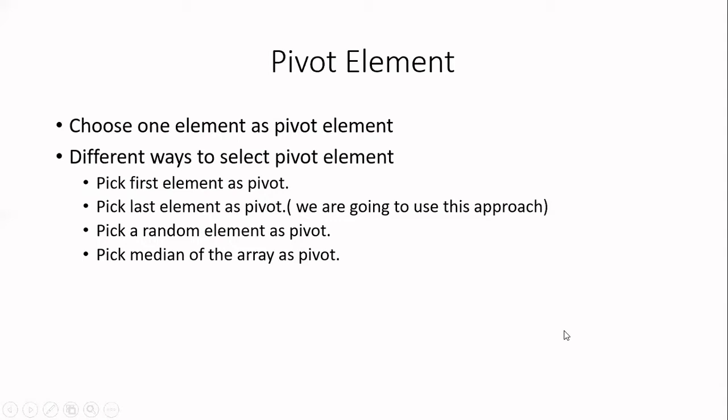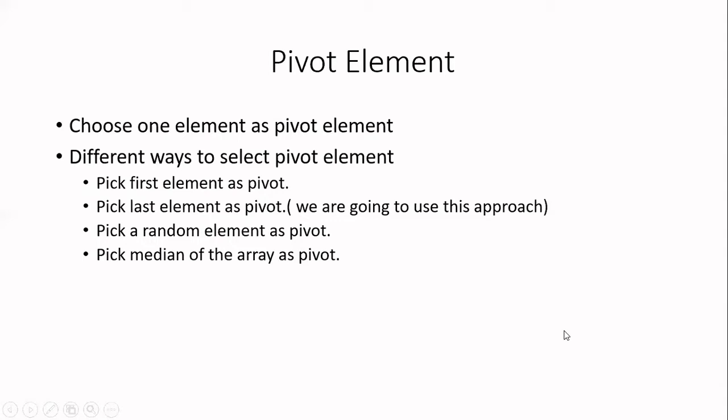Once you partition, two conditions will be valid. All the elements less than the pivot element will be moved to the left of the pivot element, and all the elements which are greater than the pivot element will be moved to the right of the pivot element.